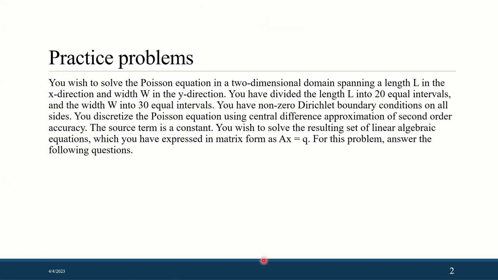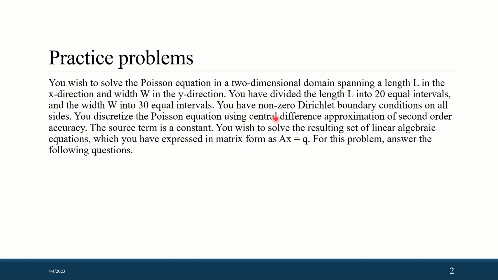It is a case followed by questions from the case. The case is basically you wish to solve the Poisson equation in a two-dimensional domain spanning a length L in the x direction and width W in the y direction. You have divided the length L into 20 equal intervals and the width into 30 intervals.